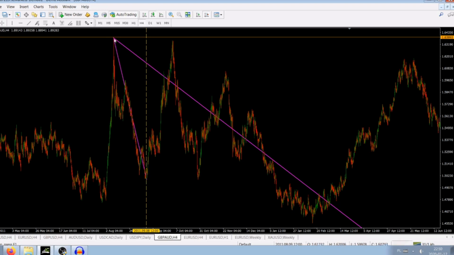The place where this halved angle crosses the vertical line is the place where we might expect the next resistance point, and you can see it is over here. That's how it works.